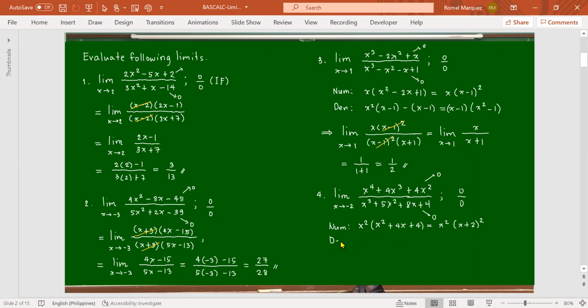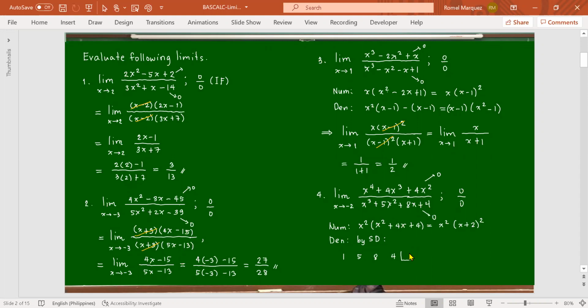What about the denominator? Paano pinafactor ang denominator? Wala na siyang pattern, no? So we apply synthetic division. Do you still remember synthetic division, guys? You showed it po in your video po. So we write there the coefficients 1, 5, 8, 4. And then the number multiplier here that we are going to try, possible factors ng 4.